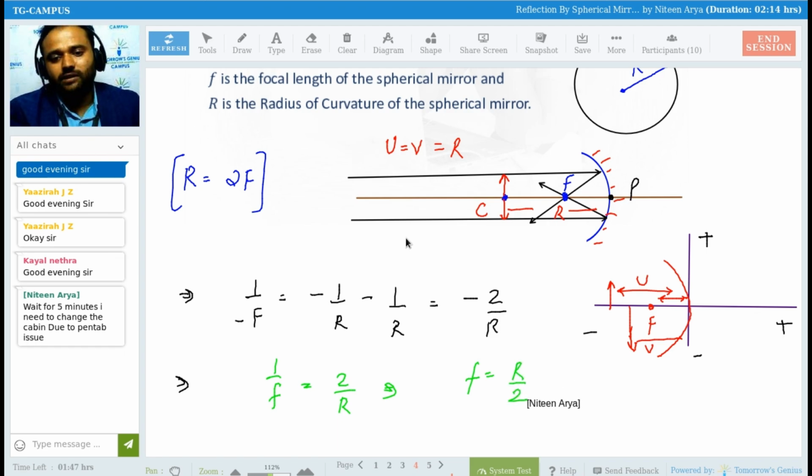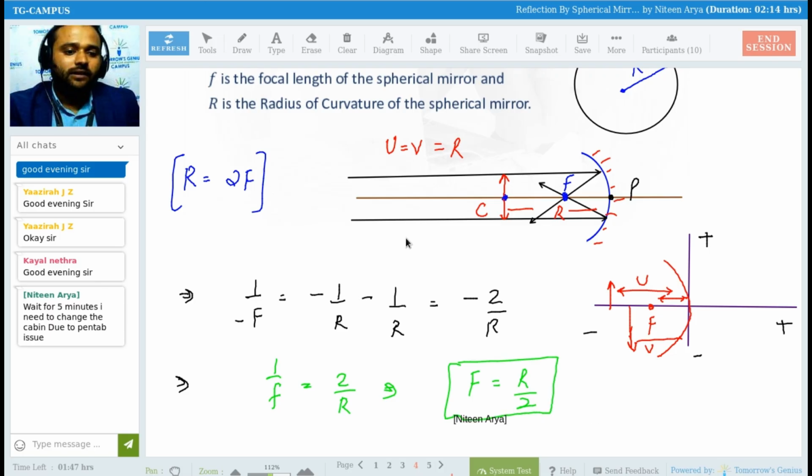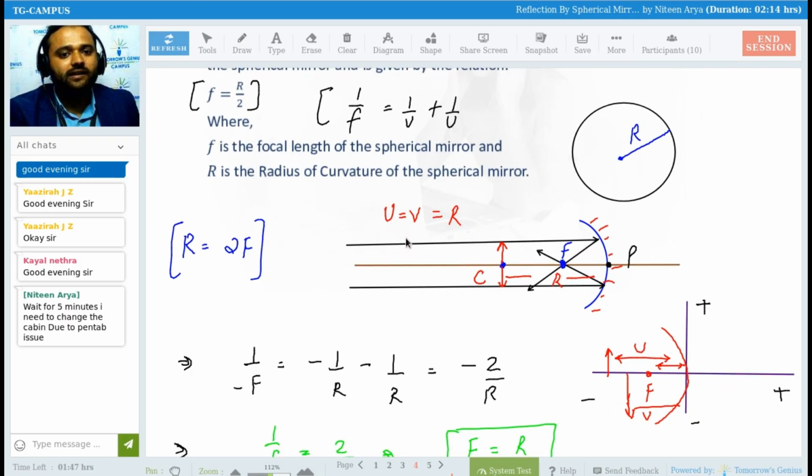If you don't understand or forget according to the geometry, at least in this way you need to understand this. That is how we can derive this. Is this clear? f equals r/2, where f is the focal length of a mirror and r is the radius of curvature of a spherical mirror. Clear, everyone? Good.